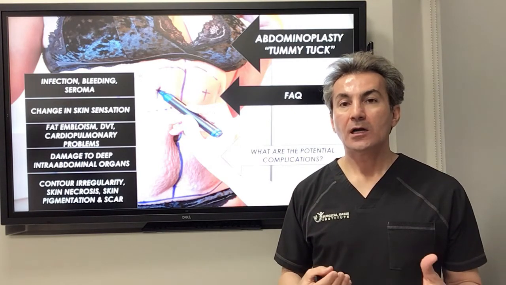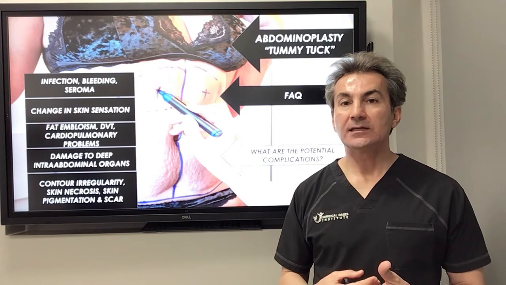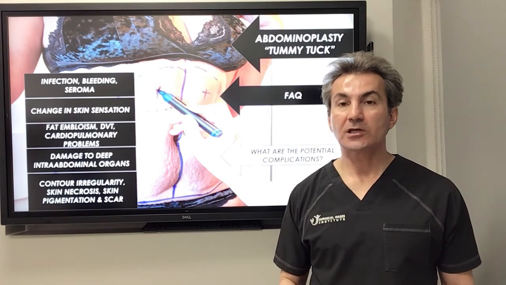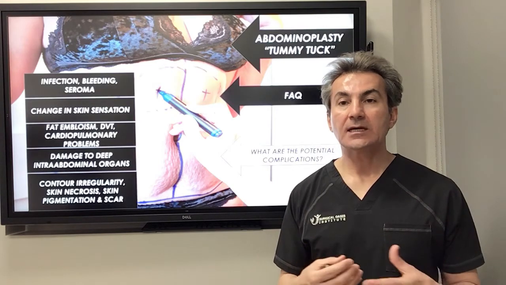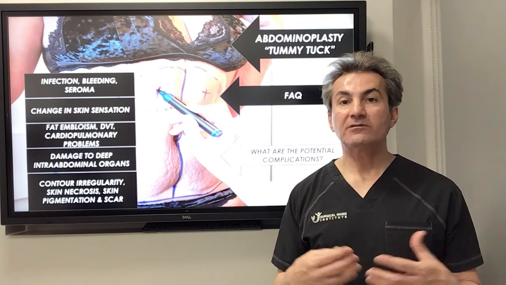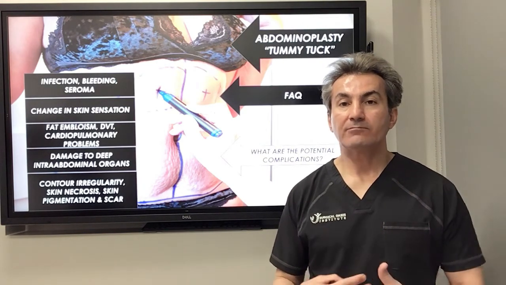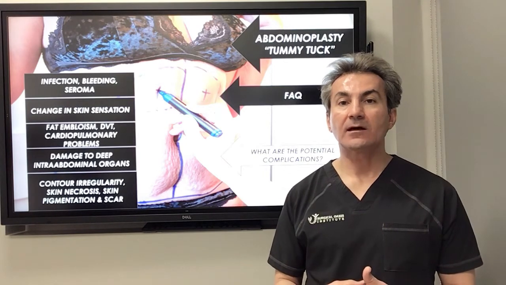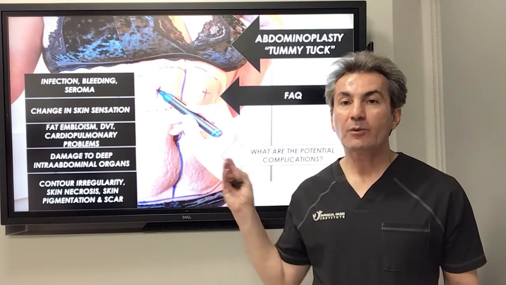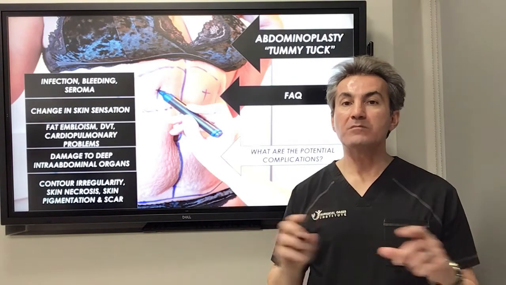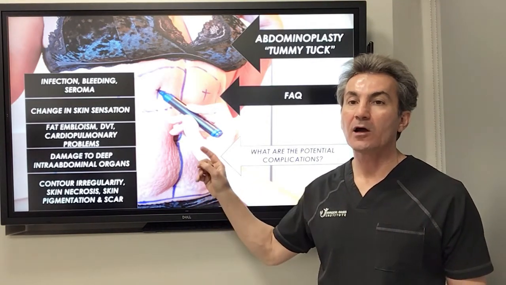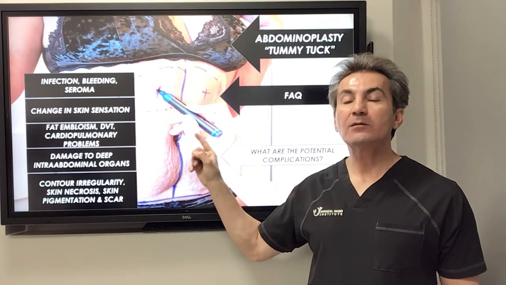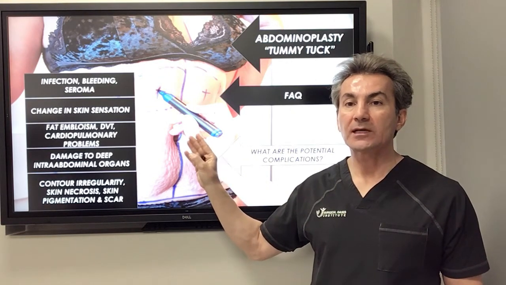There are also patients that don't have as much extra skin, and they're not as obese, and some of them are athletic, and mostly they have muscle laxity rather than extra skin. Those people are great candidates for what is called a mini abdominoplasty, in which the incision is smaller, right in that area. We actually save the belly button, and we don't cut the belly button at all.